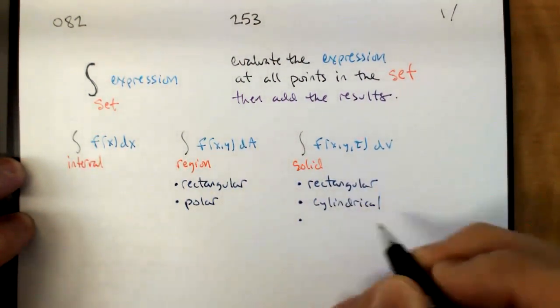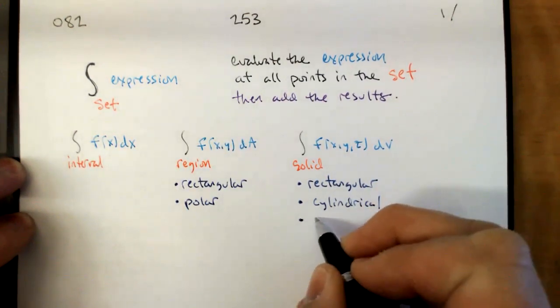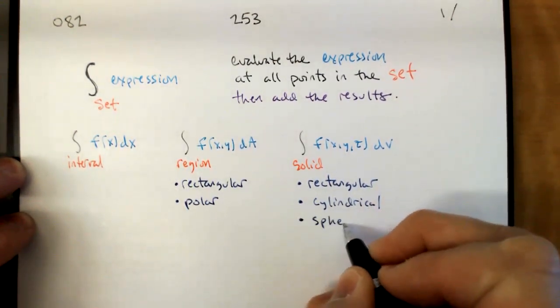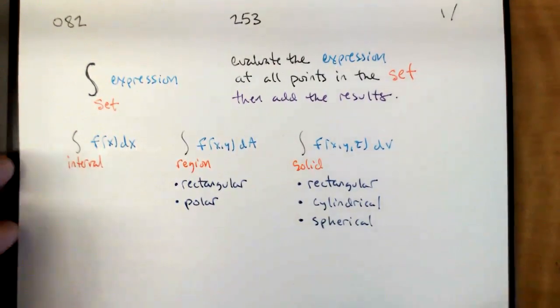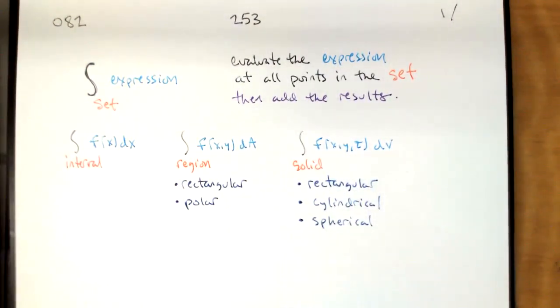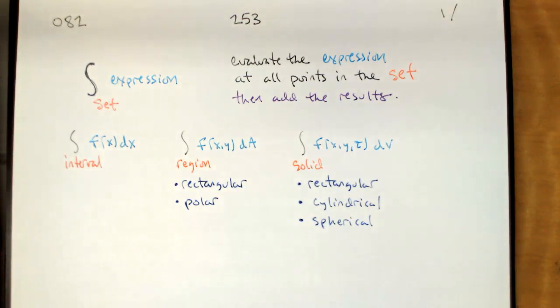Or we can make two of the coordinates into angles and get spherical coordinates. In each of these cases, we'll have different pieces that we include in the DV to turn those changes in angle to changes in length. But the core idea is that we're just evaluating an expression at a bunch of points.